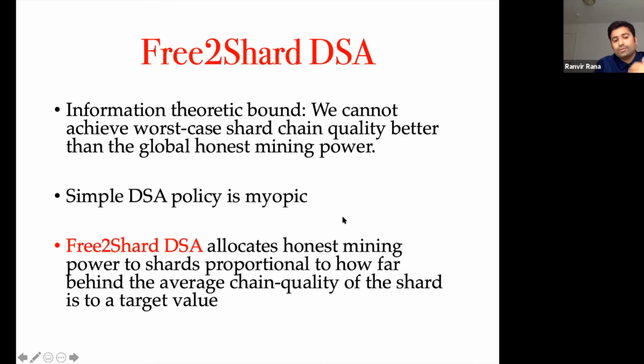So the way Free2Shard achieves this is you don't have a myopic policy, but you have a policy which observes the total average long-term chain quality in a particular shard and allocates itself proportionately based on this long-term chain quality. So if a shard is lagging, if its average long-term chain quality is lagging the global honest mining power by a certain amount, you allocate proportional to how much the lag is. And if you are ahead of the global honest mining power, you don't allocate to that shard. So we change the policy from myopic to long-term.